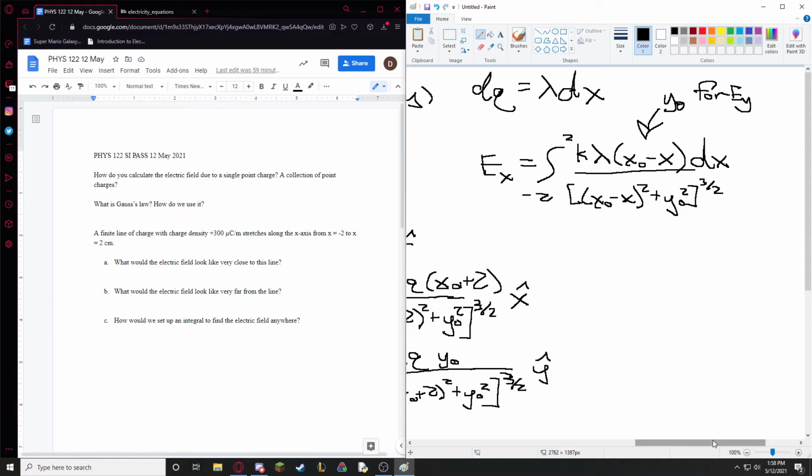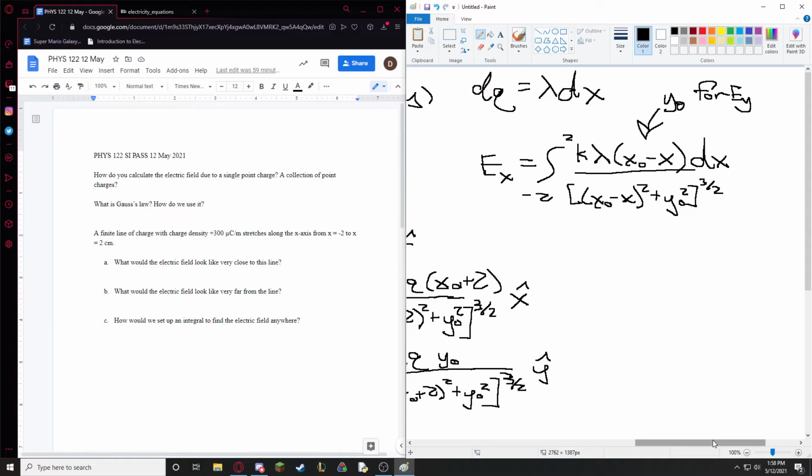Now this might seem a little unintuitive. It takes a bit of practice, but it's just getting comfortable with understanding that first of all you need to set up an integral, and then how you actually set up the integral in order to integrate, and that's how you would get the actual electric field everywhere.